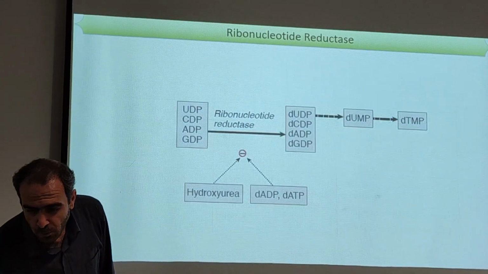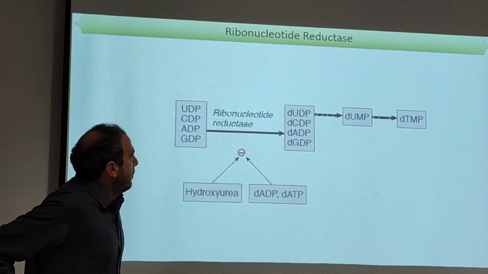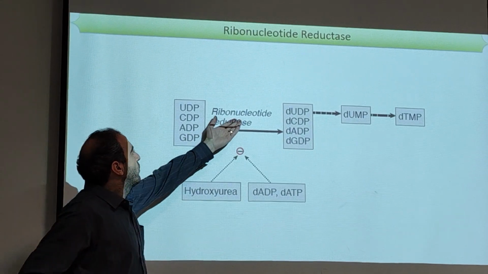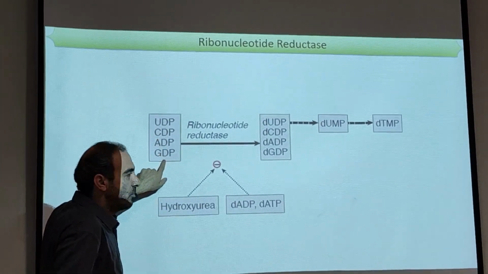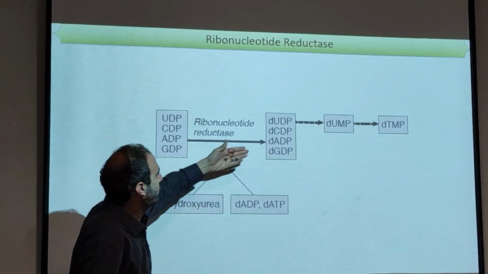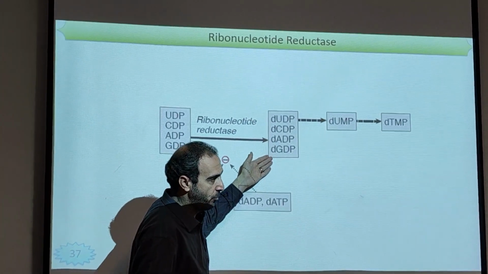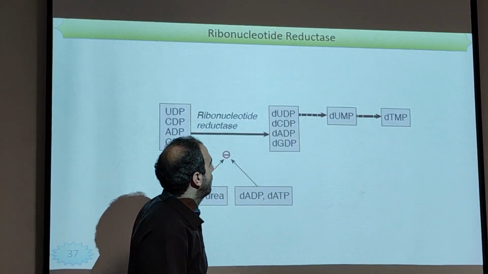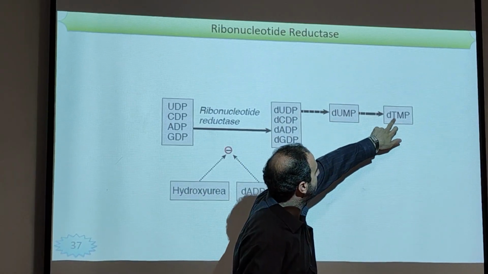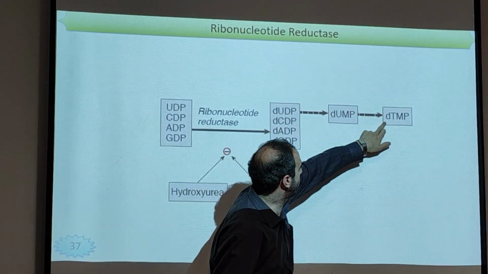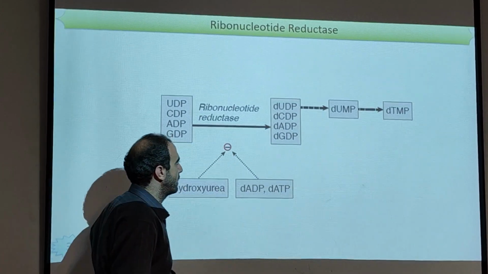One of the important enzymes, as I mentioned, is ribonucleotide reductase. It just acts on the diphosphate form and produces the deoxy form of a nucleotide. And finally, dUDP becomes dUMP and dTMP. So all of these four are used for DNA synthesis.